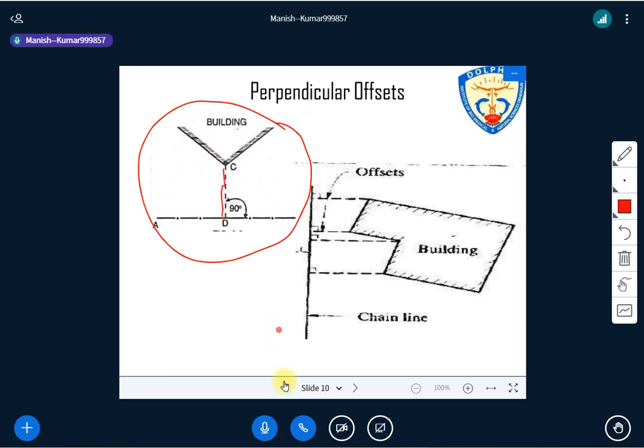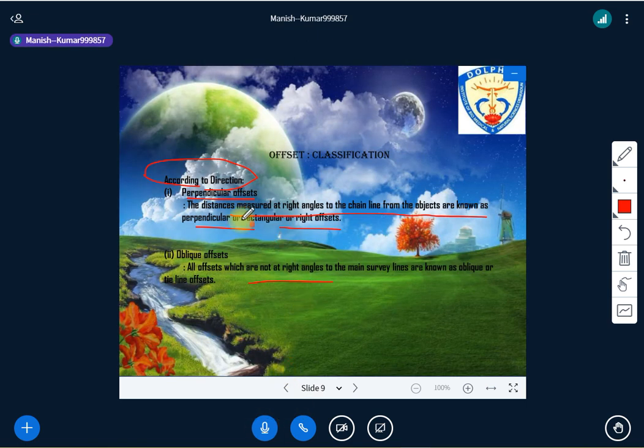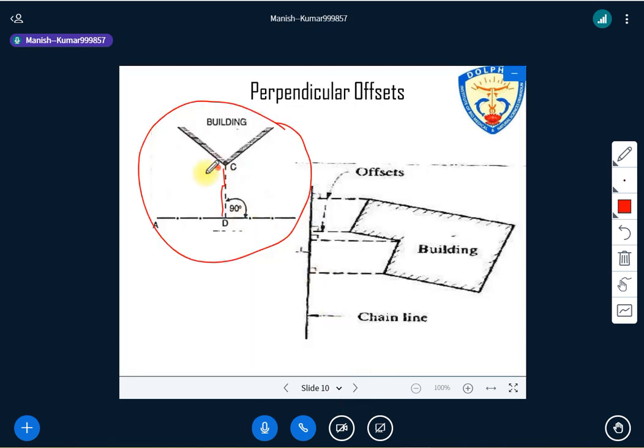So again, go back to the distance measured at the right angle to the chain line. Since it's a right angle and we are measuring this distance, that is called perpendicular offset. Try to understand clearly. Angle should be 90 degrees and then you measure the distance. It is also called right offset, or you can also call it rectangular offset.